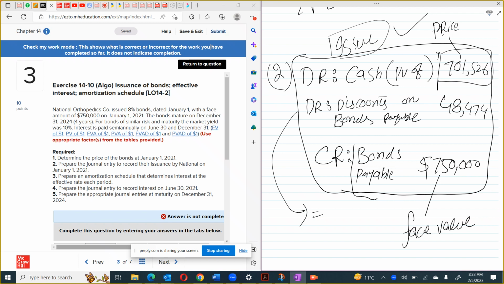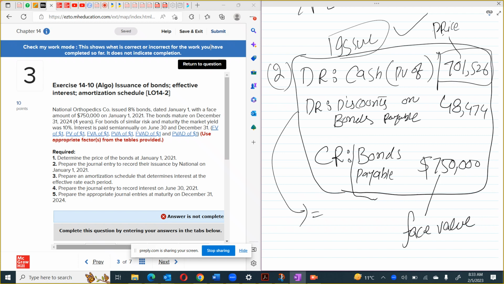Now what is the second entry? Second entry at maturity is repayment of principal. It's a super simple entry. This is the same for discount or premium, either the bond is discount or premium, the double entry is same.